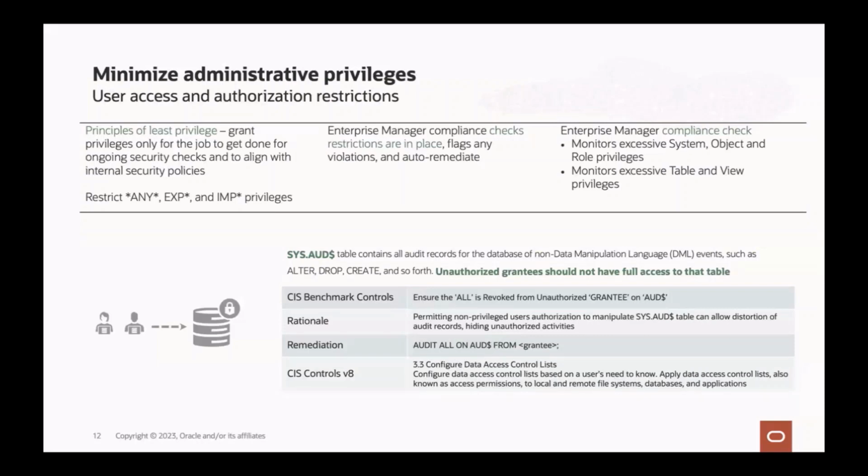This belongs to the CIS Controls v8, and is part of 3.3, Configure Data Access Control Lists. Similar to this use case, there are SQL statements and remediation steps provided for each of the user and other tables in the database, for example, the history$ table or user$ table.